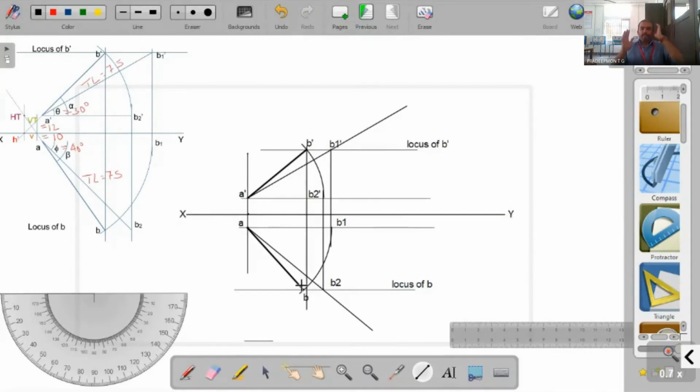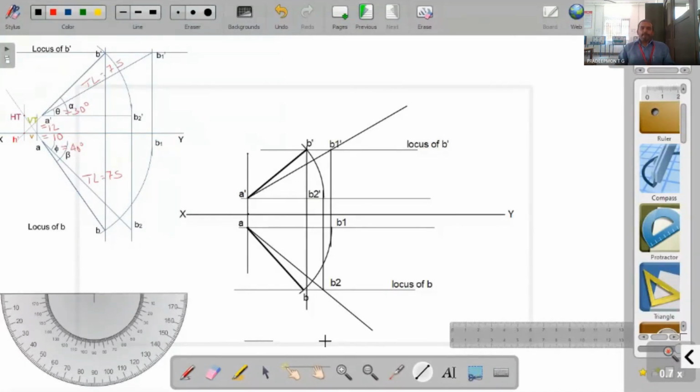As you know, the projections of a point, that is the front view and the top view, will be in the same vertical line. Because of some measurement and drawing errors, there is slight variation in my drawing. But in your drawing it may not be so, because you are using very accurate measuring instruments and drawing by hand. Using software, it is slightly difficult.